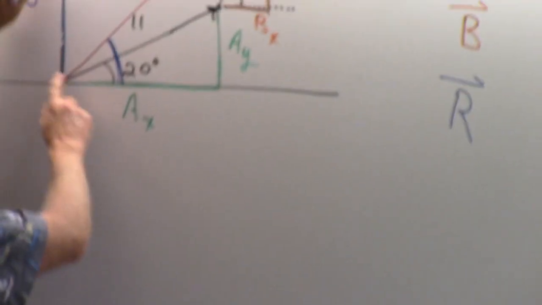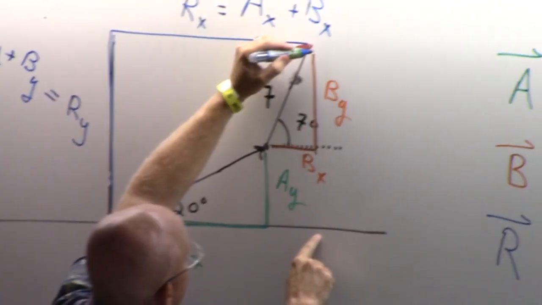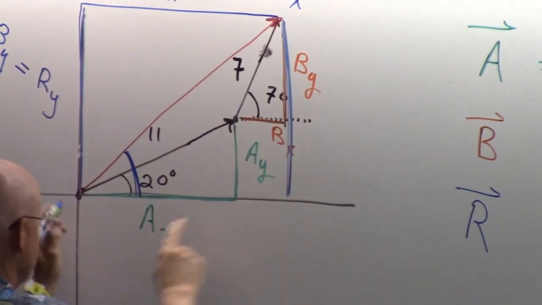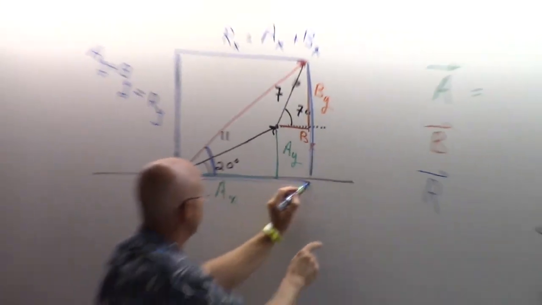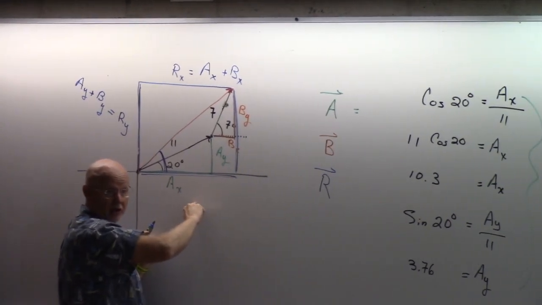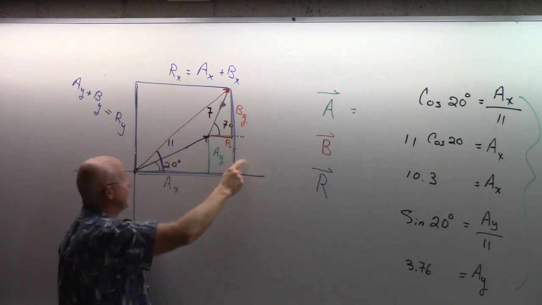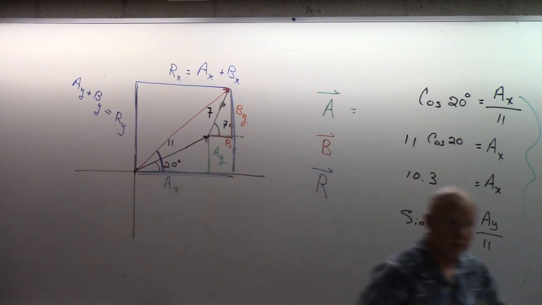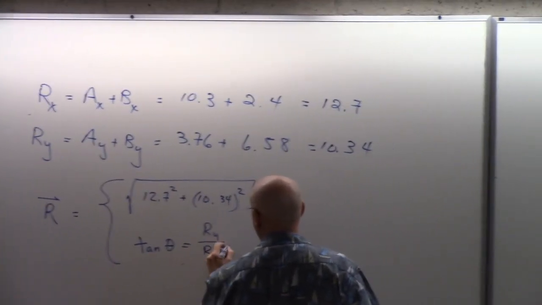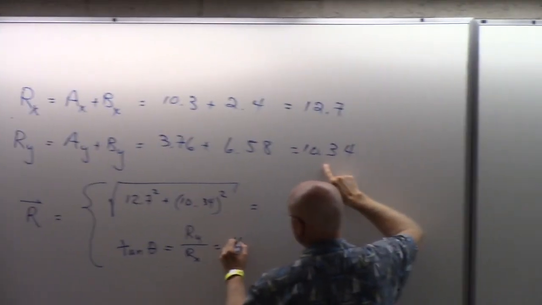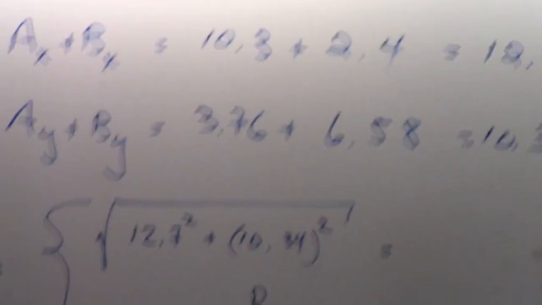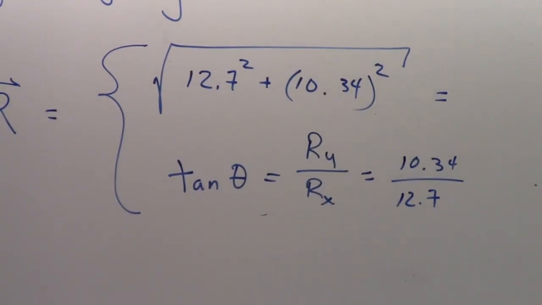And maybe you can see it better if I put the vertical blue one over here and the horizontal blue one over here. Wouldn't that be the opposite over the adjacent? The opposite is the Ry, so this would be Ry over Rx. The Ry is 10.34, and the Rx is 12.7. Quite a few steps.